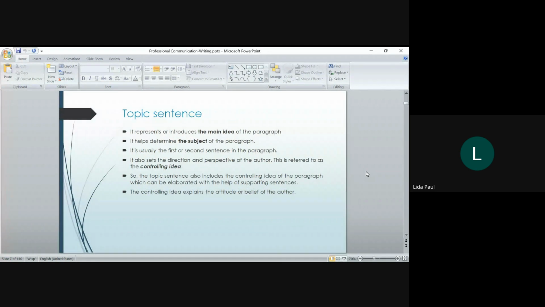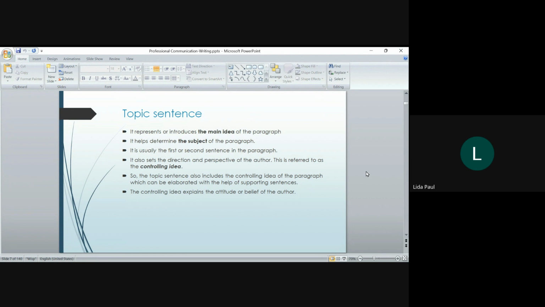All right. Now we move on to looking at what topic sentence means, right? Topic sentence, again, as said, is an essential part of any paragraph development. Why? Because this is the sentence that holds the key to the main idea of the paragraph. Whatever you're going to write the paragraph about, whatever the topic of your paragraph is going to be, is an essential part of this particular sentence.